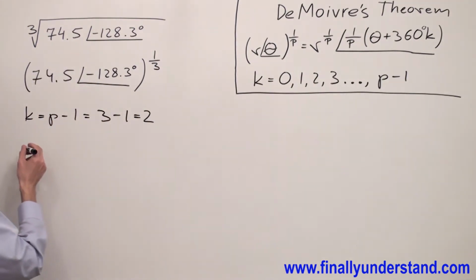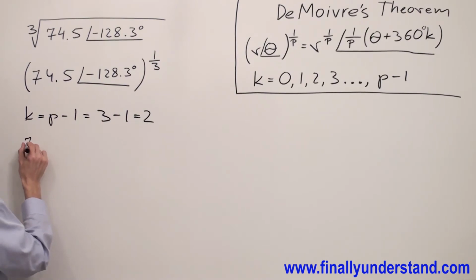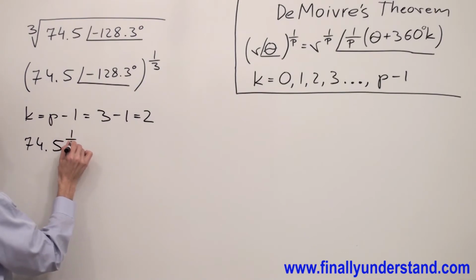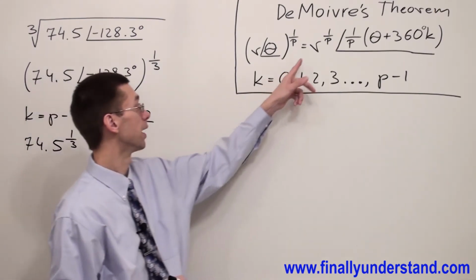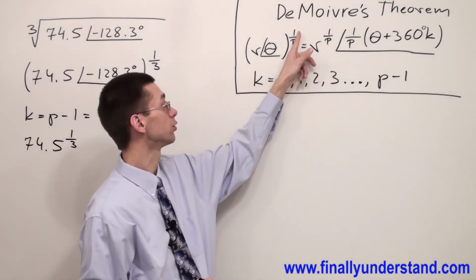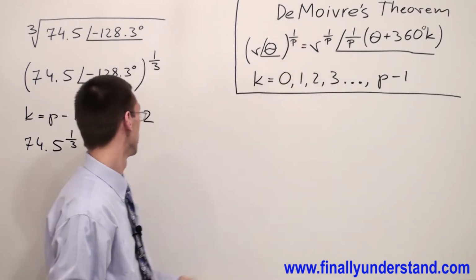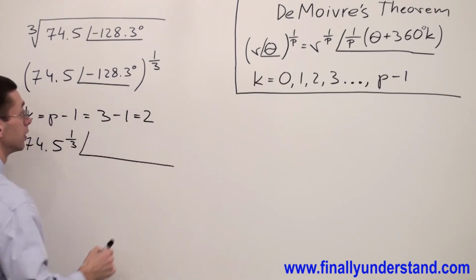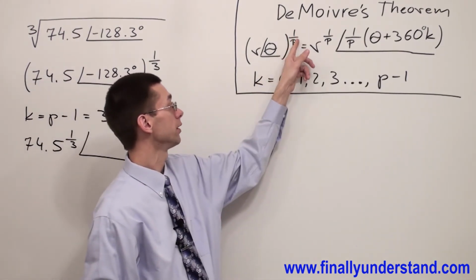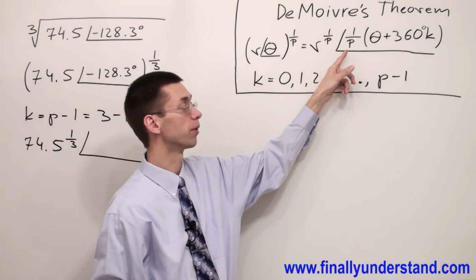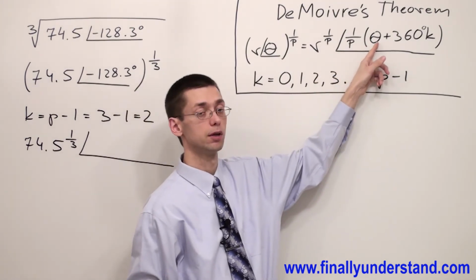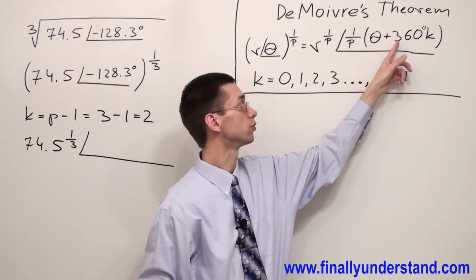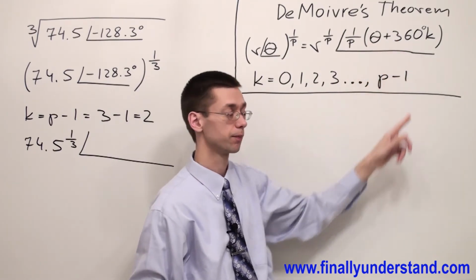So I have 74.5 raised to the power 1/3. According to the formula, the magnitude has to be raised to the power. And I have the angle, so the exponent has to be multiplied by the sum of the angle theta and the product of 360 degrees times k.